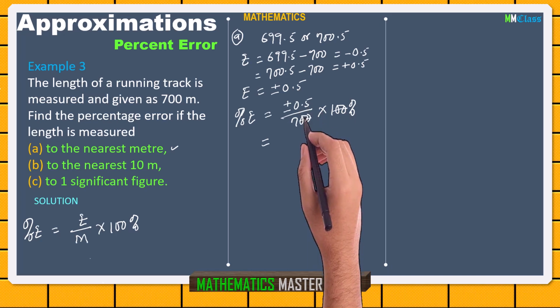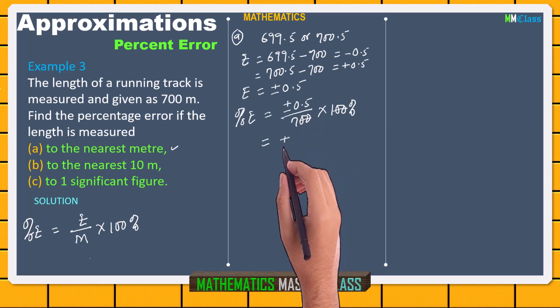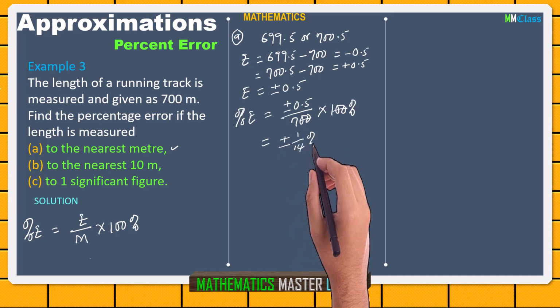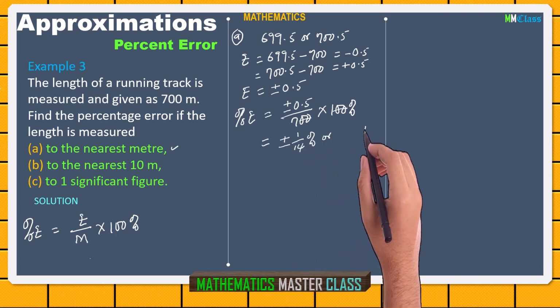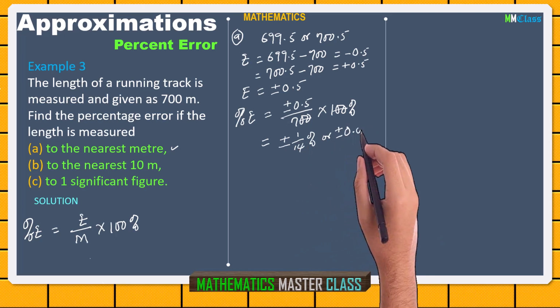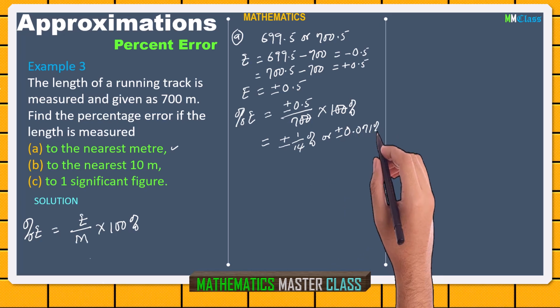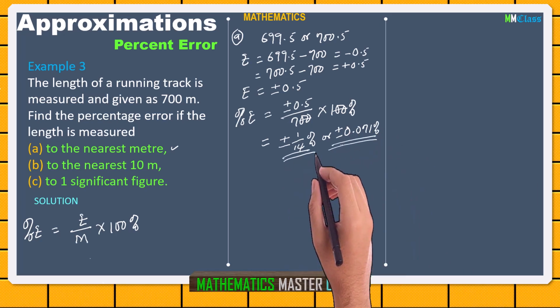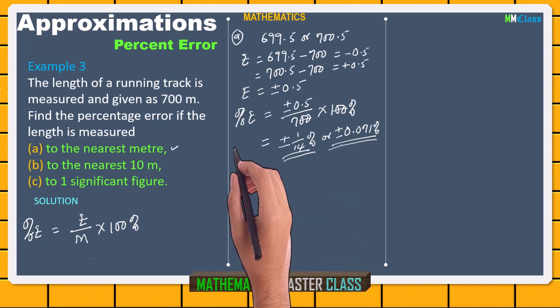Remember, 7 divided, we are going to get plus or minus 1 over 14%, or plus or minus 0.071%. So this is our answer to the A part. This is the percentage error.